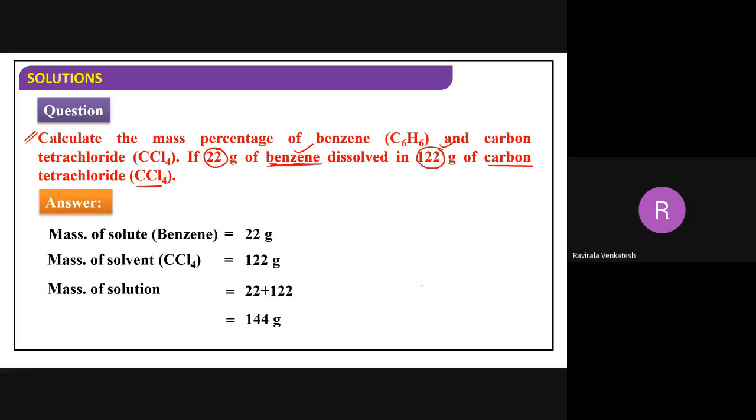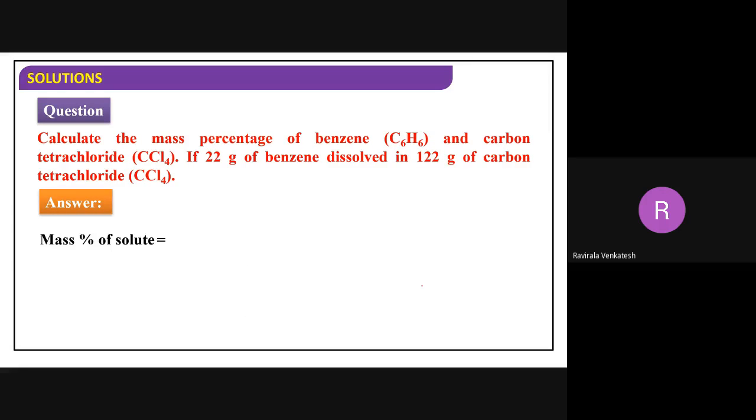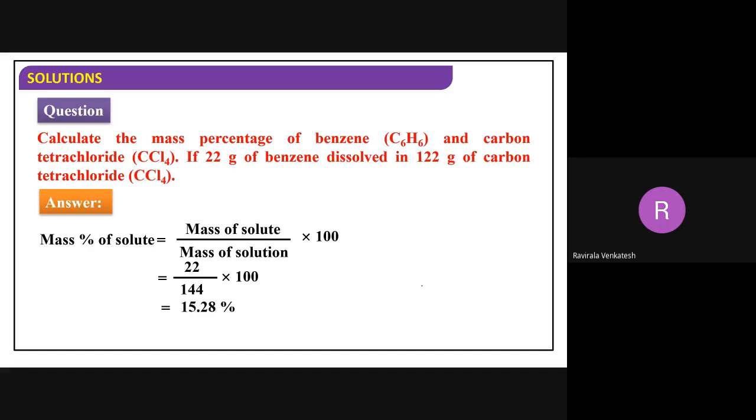Now the formula: mass percentage of solute is equal to mass of the solute by mass of the solution into 100. Mass of the solute is 22, solution 144, into 100. The answer will be 15.28%. If it is 15.28%, what is the mass percentage of solvent?